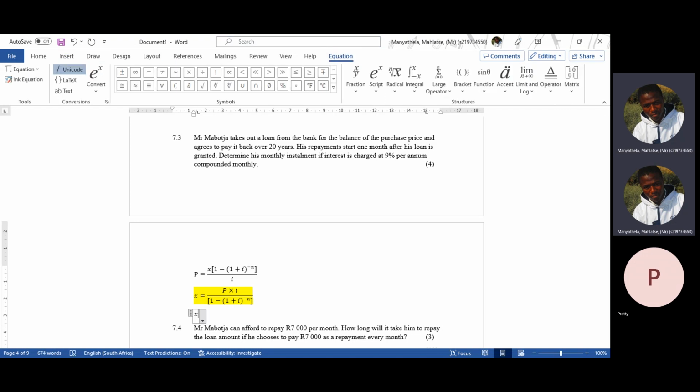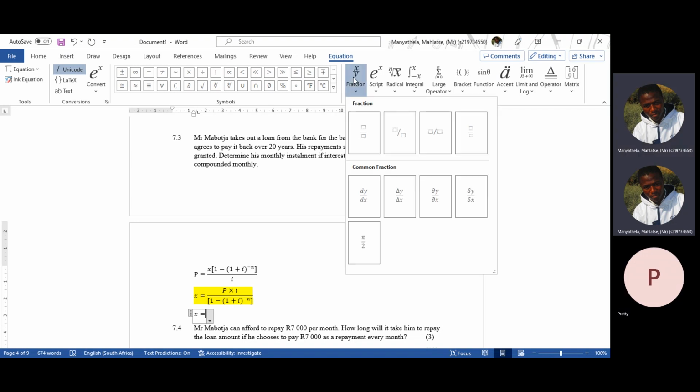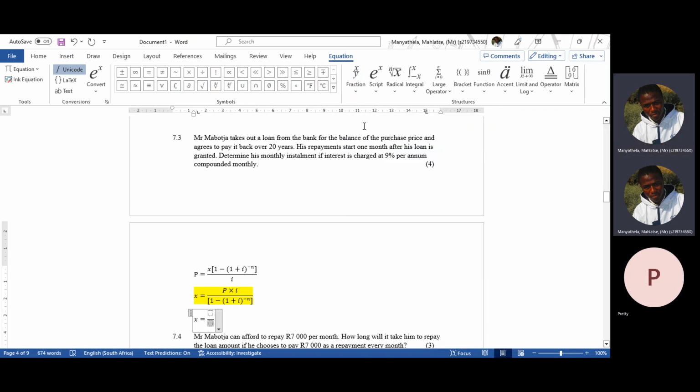So X equals the present value amount, 748,000, multiplied by 0.09, which is the interest rate. Remember, it's compounded monthly, meaning we're going to divide by 12.